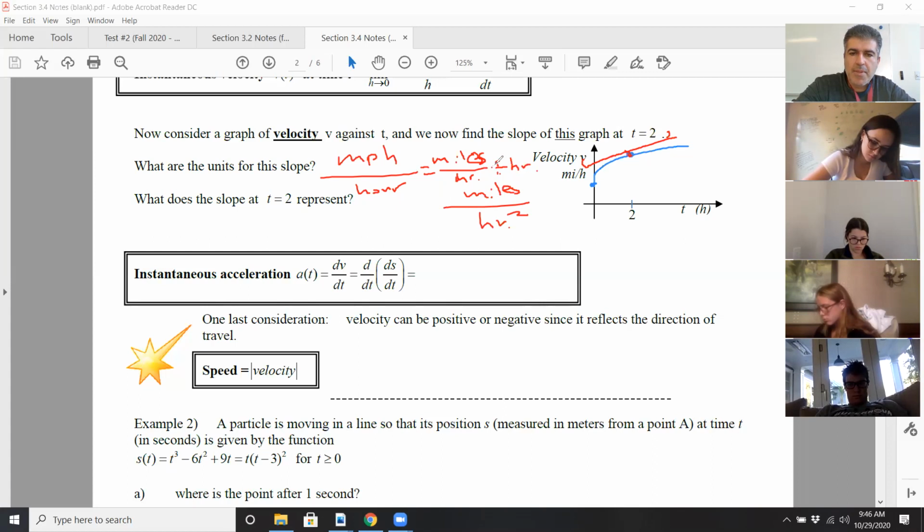That's a division symbol, sorry about that. And that, of course, represents acceleration.